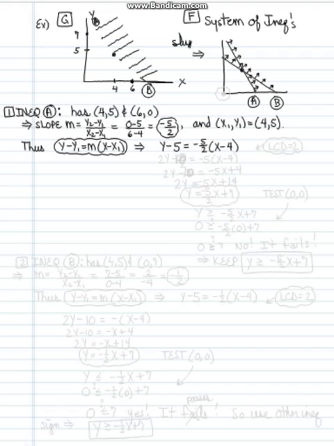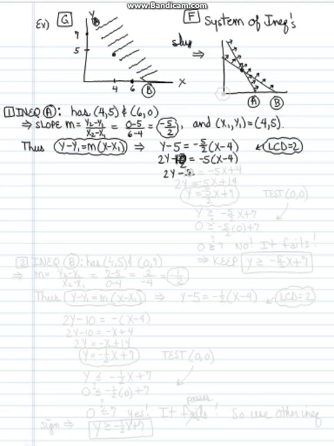Now we'll simplify. Let's get rid of fractions. Multiply both sides with the LCD, which is 2. You get 2y minus 10 equals negative 5 times x minus 4. Oh, I'm sorry, if you multiply 5 times 2, you don't get 5 halves, you get 10.